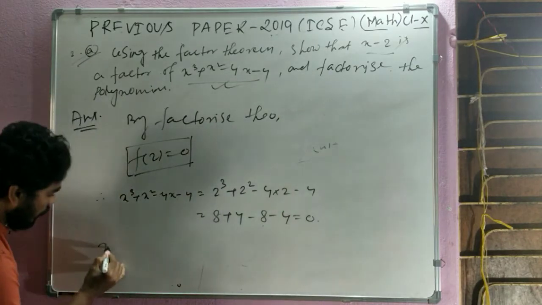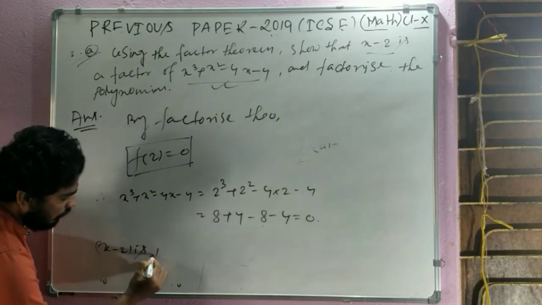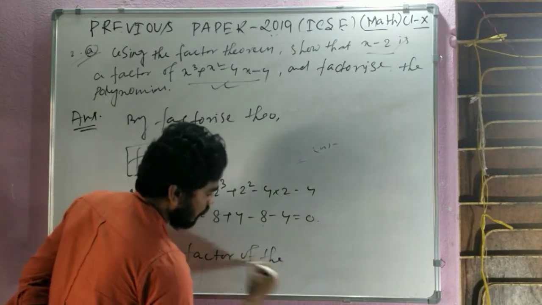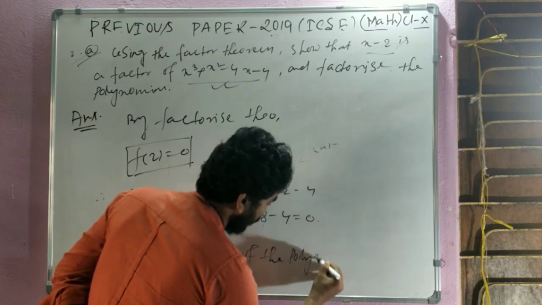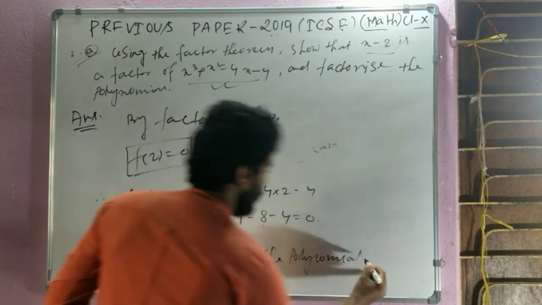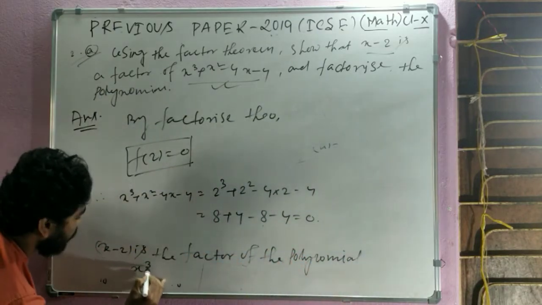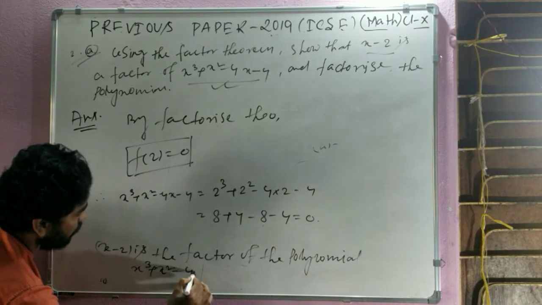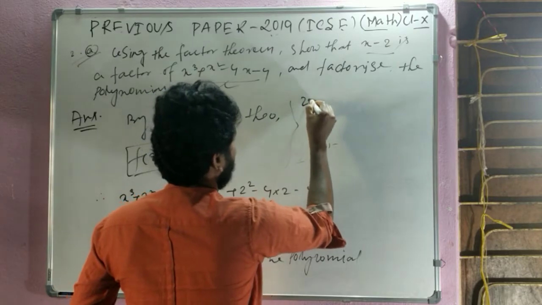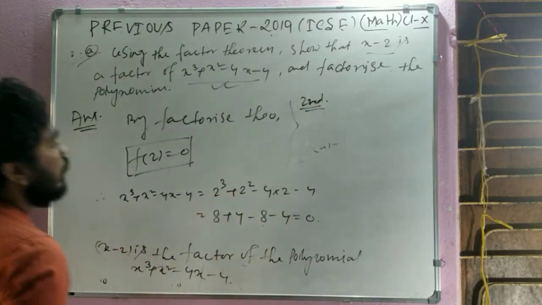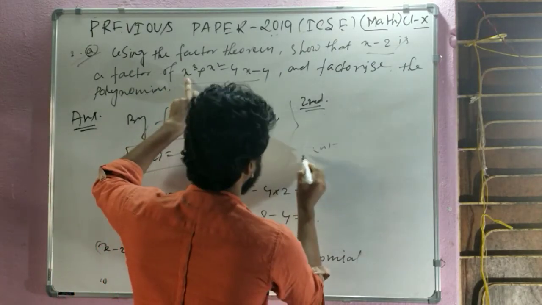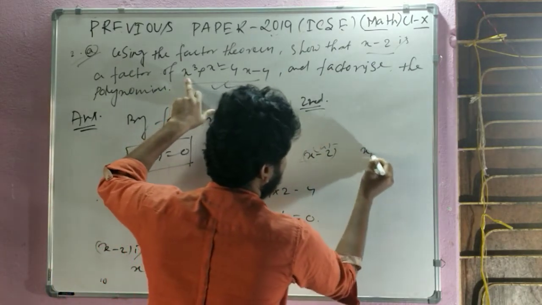So x minus 2 is a factor of the polynomial x cube plus x square minus 4x minus 4. Second part, factorize the polynomial. This is a 3 degree polynomial, so we write the factor 3 times.